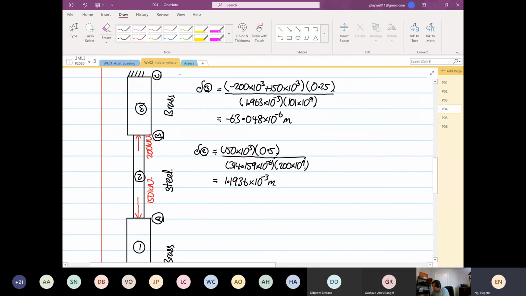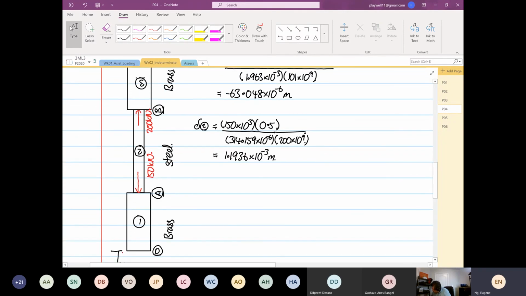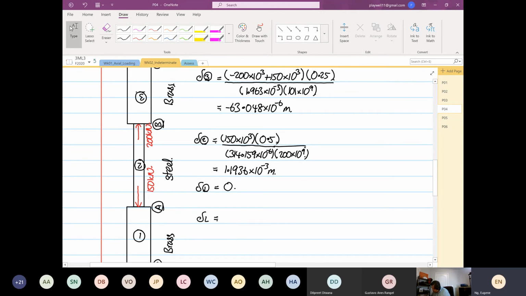Let me do it again. 150 power 3 times 0.5, divided by 314.159 power minus 6, divided by 200 power 9. Yep. So then deflection at 1 is equal to 0 because it's not going to feel any stresses. So the deflection due to the load will be equal to minus 63.048 times 10 to the power minus 6 plus 1.1936 times 10 to the power minus 3.